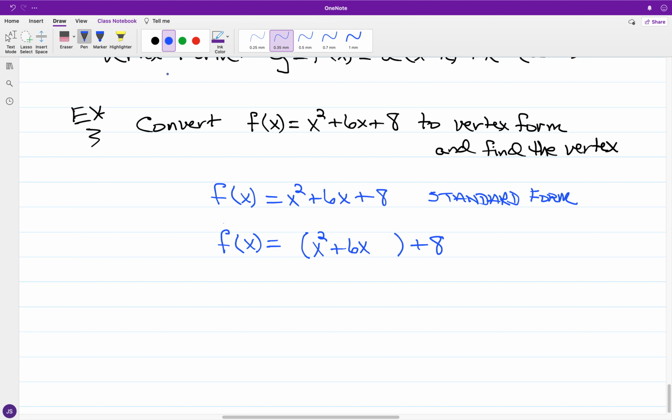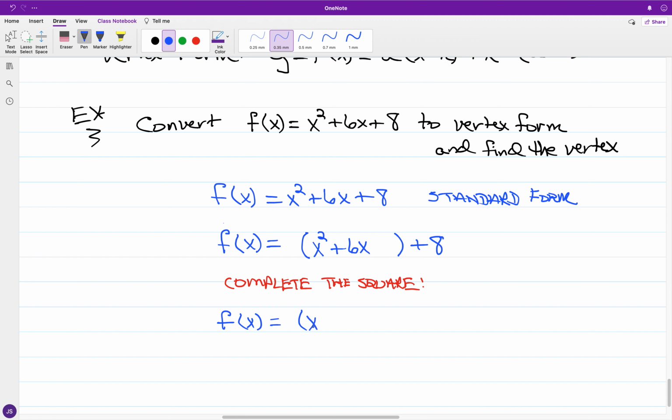Now, in terms of getting to the vertex form, there's a technique that's referred to as the completion of the square. What this calls for, first of all, is that you look at what items are in the parentheses.